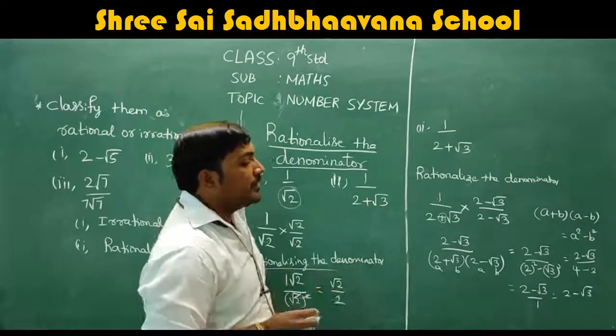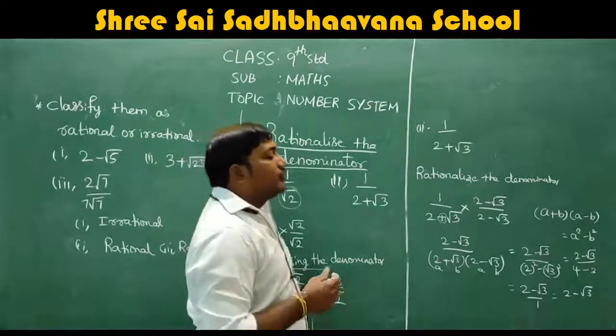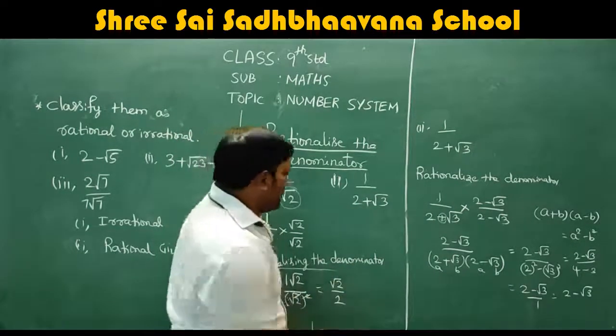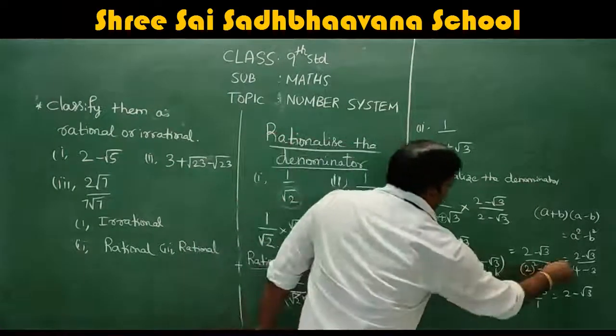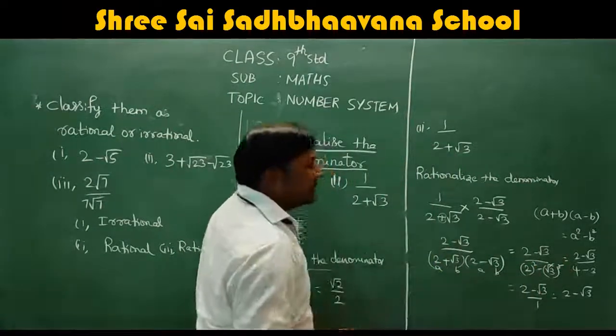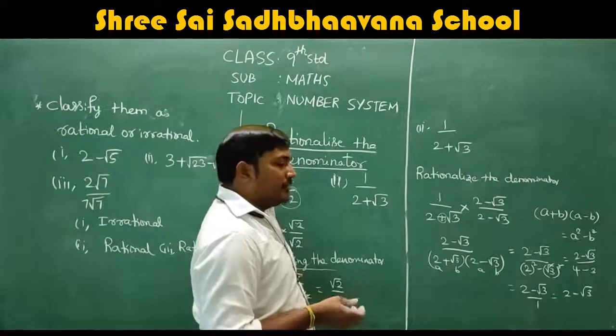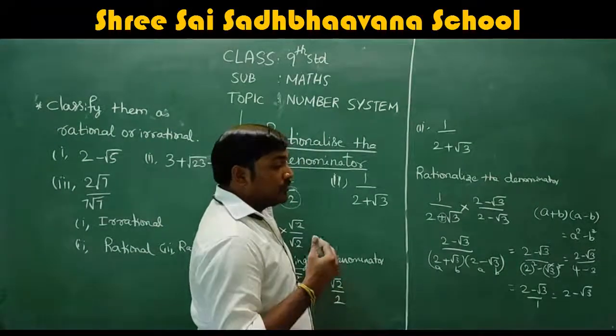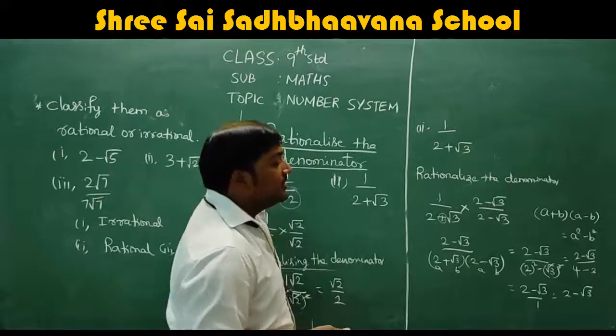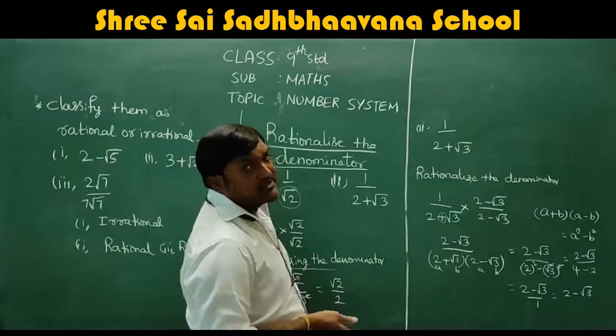The numerator remains 2 minus root 3, and 2 square is 4, and root 3 whole square, the square and square root get cancelled, you are left with 3. So 4 minus 3 is 1. So 2 minus root 3 by 1.